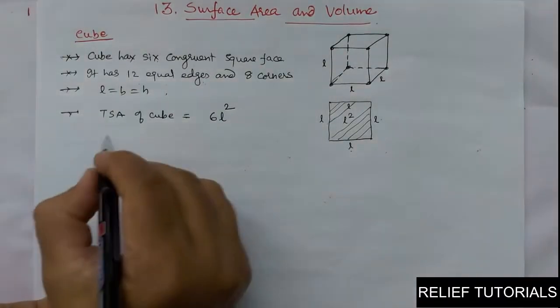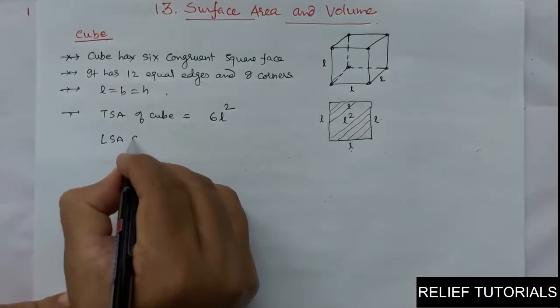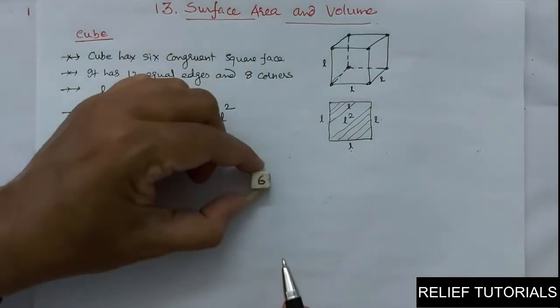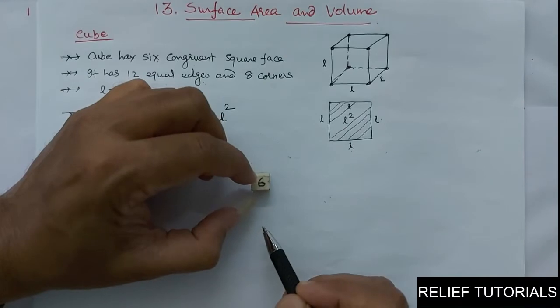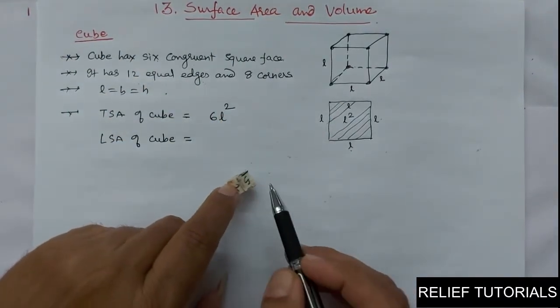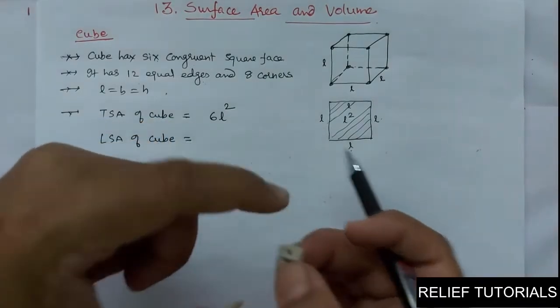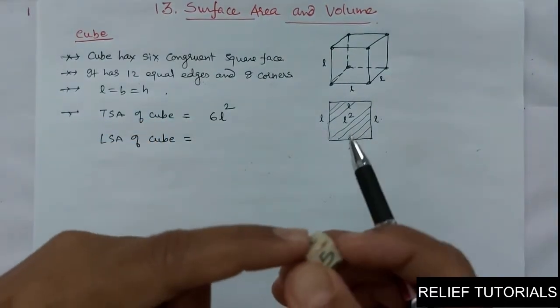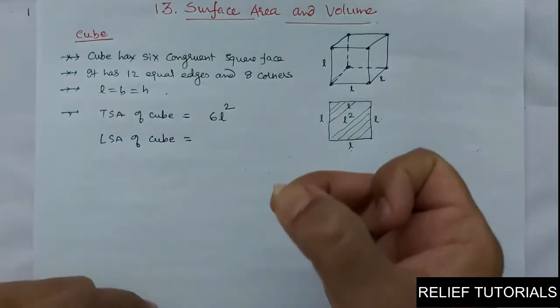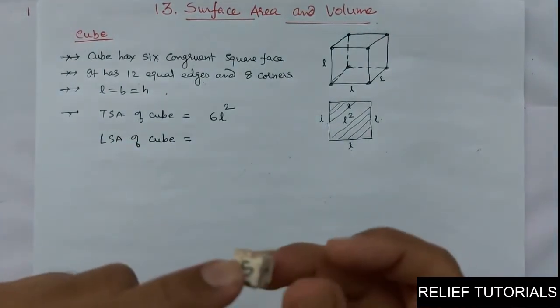Easy, no? Now the lateral surface area of a cube, LSA of cube. Lateral surface area means except top and bottom. This is the top and this is the bottom.